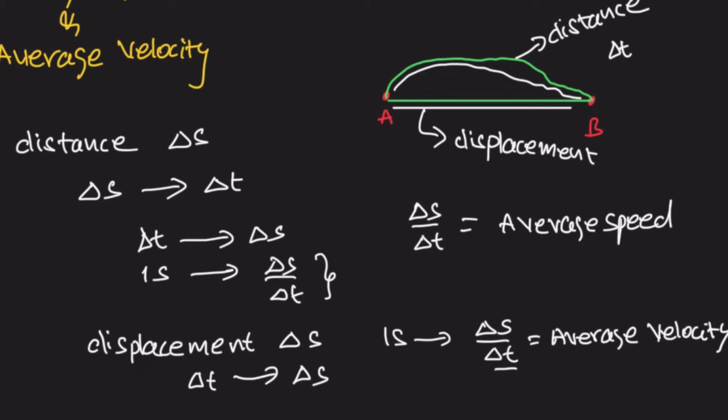Suppose delta s is a distance, then delta s by delta t is average speed. Suppose delta s is a displacement, then delta s by delta t is average velocity. Let's go solve some problems related to average speed and average velocity.